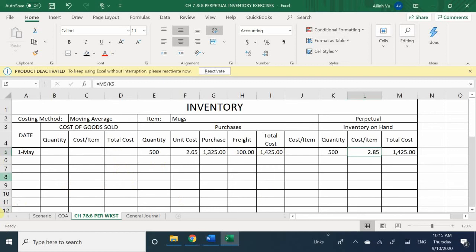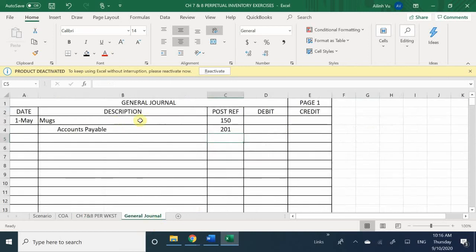Okay, so now that we solved for everything, we have our purchase, we have our total price right here for $14.25. Now we can indicate that in our journal. So we know that our total cost of the inventory was $14.25, and this is also $14.25.